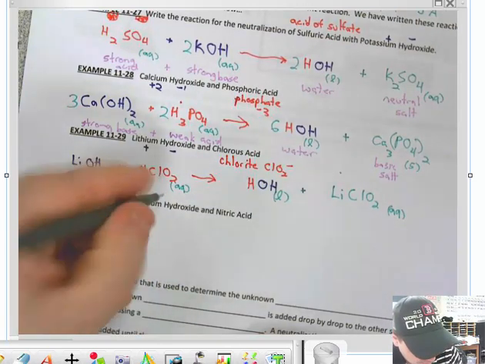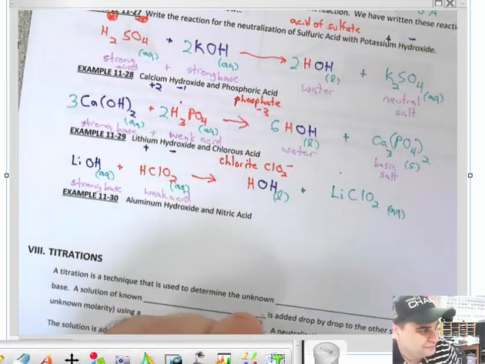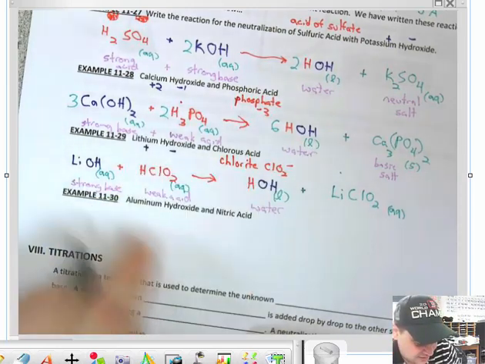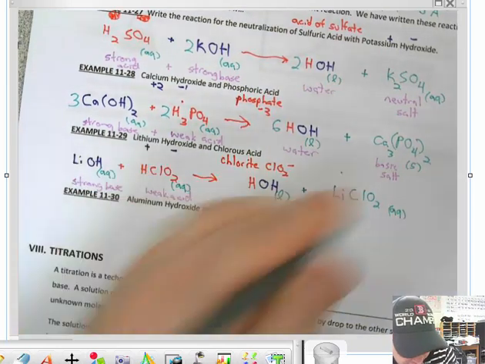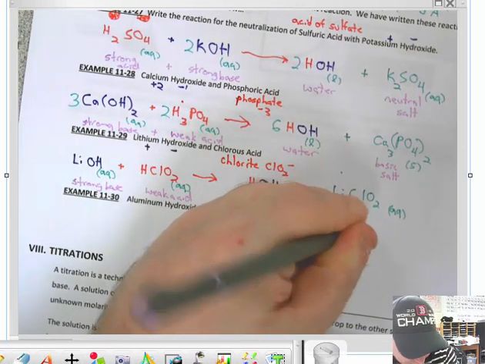Chlorous acid is a weak acid because it is not on the strong acid list. We have our water, and since the base is stronger on this one, we again would have a basic salt on this one.